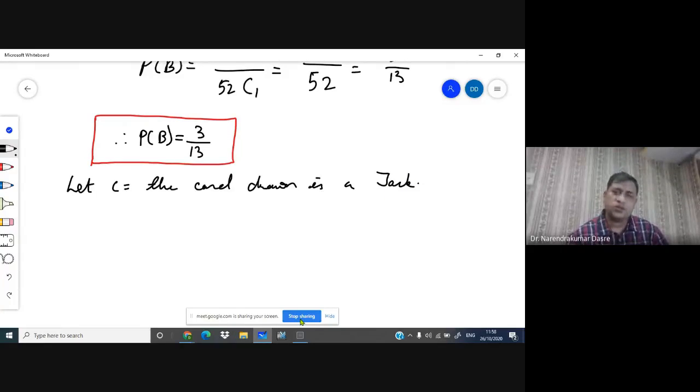Now we have seen the structure of a pack. So how many jacks do you have? That's very good. You have 4 jacks, because there is 1 jack in each suit of cards. Hence we have a total of 4 jacks.